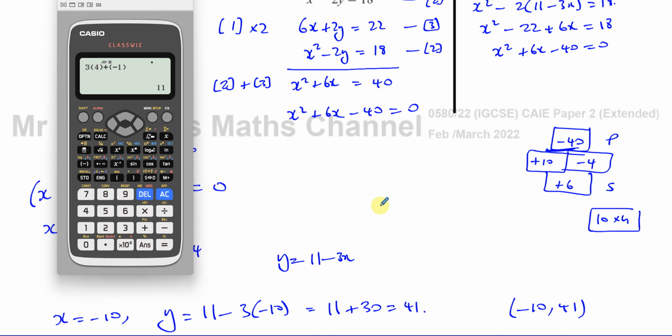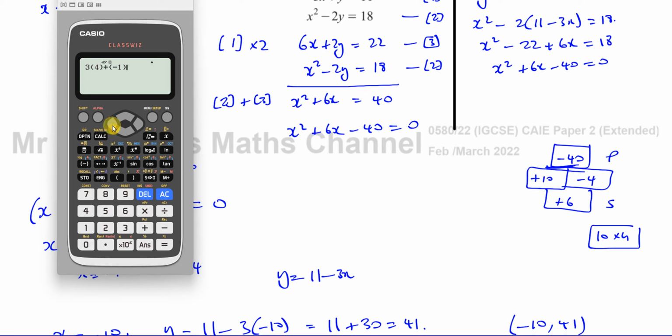And then we can check the other equation. We have x squared, so minus 10, in brackets, negative 10 squared, and you have minus 2 times 41. That's supposed to give us 18, and it does.